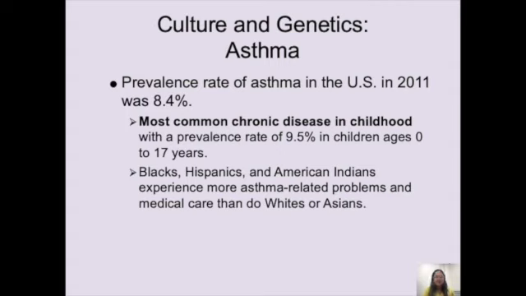And it is increased with certain populations, but I also want to draw your attention to location and how where you live and the exposure to environmental toxins will increase your rate of asthma as well. So if this is a point of interest for you, do a little bit of research regarding how different areas of the United States or even your community have an increased incidence of asthma.